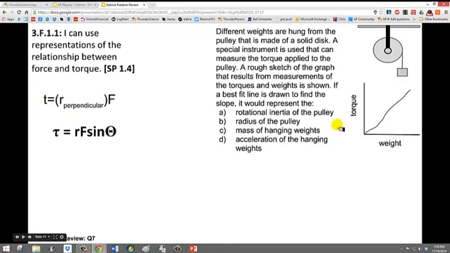The torque is the vertical variable. So if this is a y equals mx plus b equation, my slope would be the radius. Okay, so r would be the radius. That would be part B.